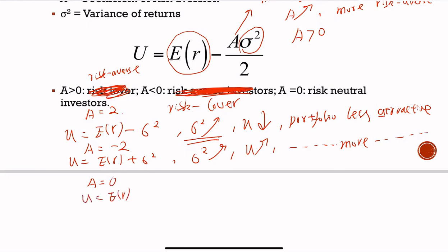Now you can see that the utility function does not depend on variance. That is, the attractiveness of the portfolio does not depend on the risk. So this investor is basically risk neutral. And you can also see why generally we assume A is larger than 0, right? Because it is the most natural assumption, because we know that generally investors don't like risk. If they don't like risk, then we require the risk parameter A to be positive.